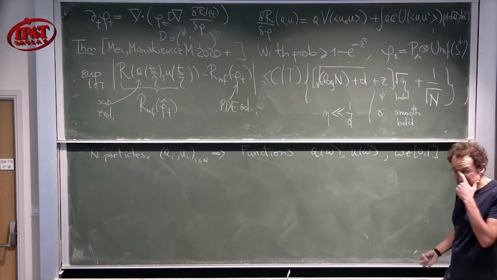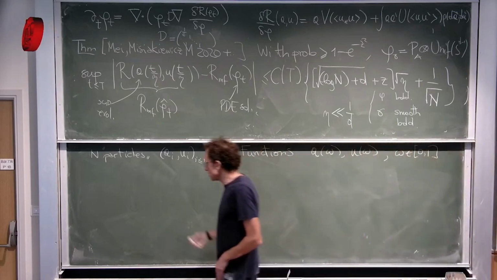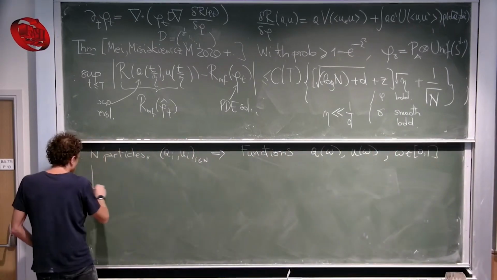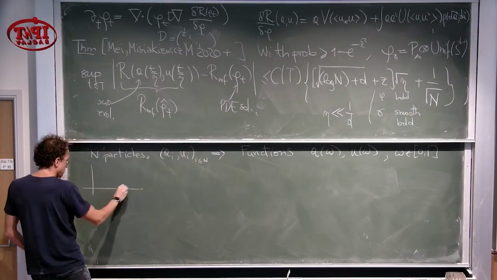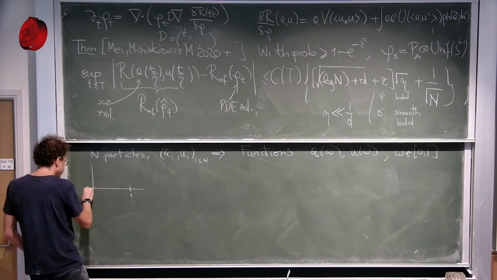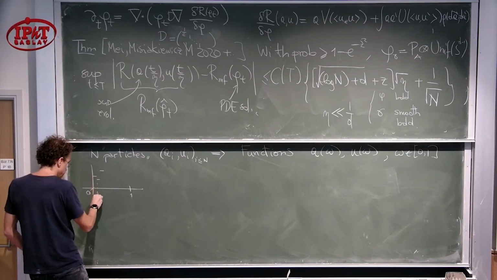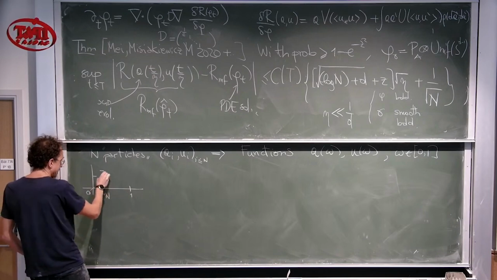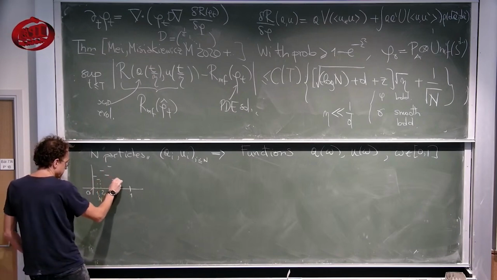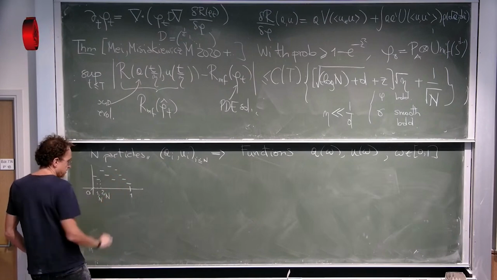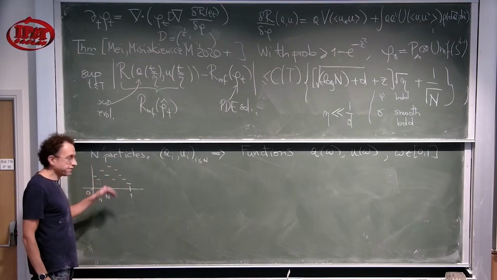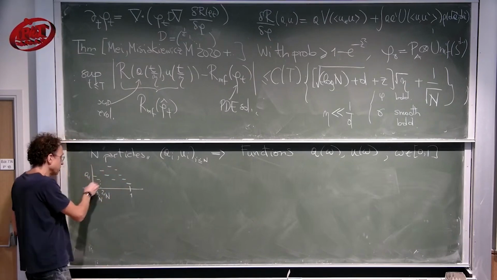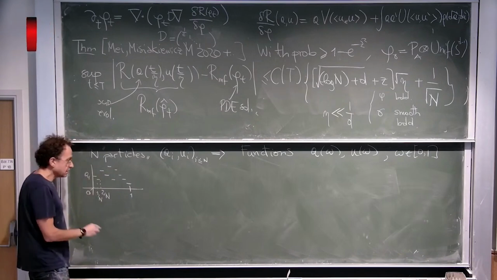One way to intuitively think about it is that if you have n particles, for instance the a_i, you can encode them in a piecewise constant function. So you partition the interval [0,1] into n intervals, and you replace them with the piecewise constant function that is at level a_1 between 0 and 1/n, then a_2, and so on.